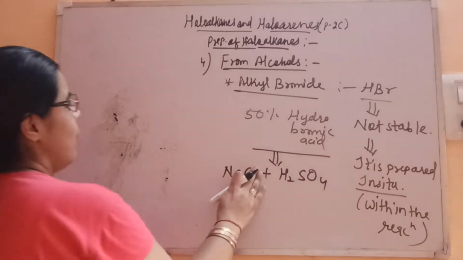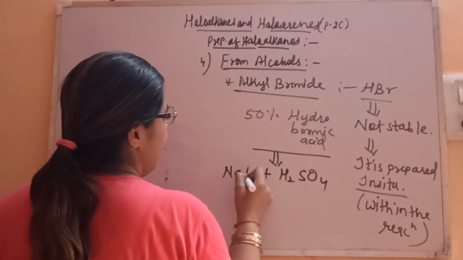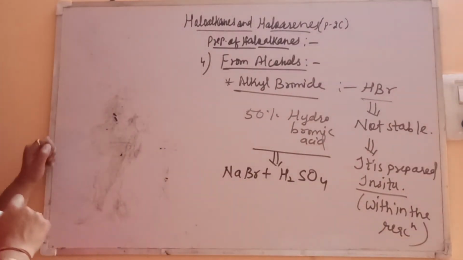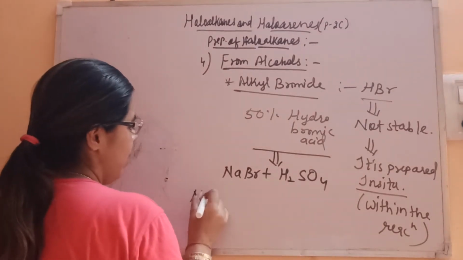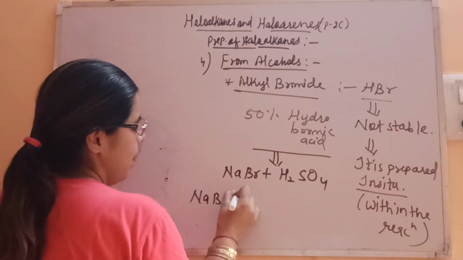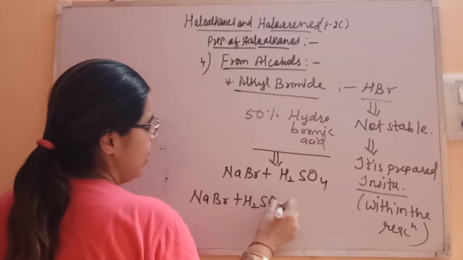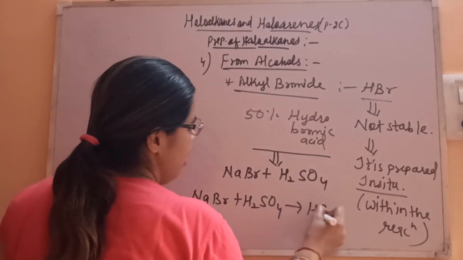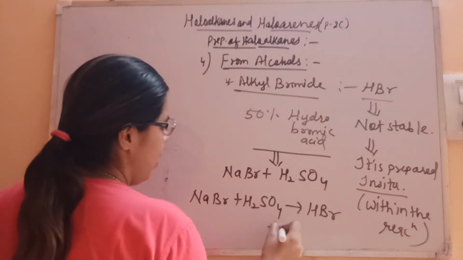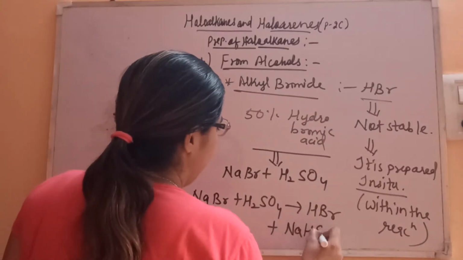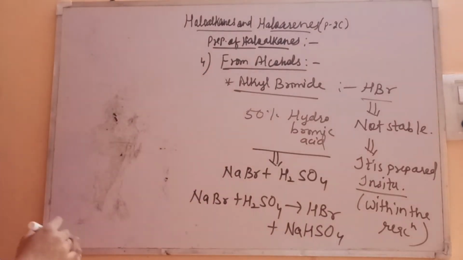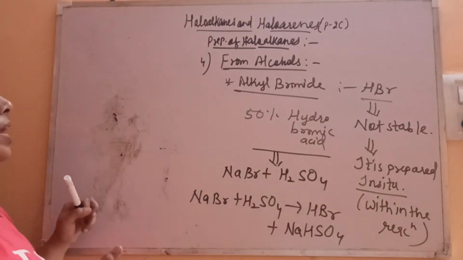Sorry, NaBr, not NaCl, because we need HBr. So how is it prepared? NaBr plus H2SO4 reacted, you will get HBr, as we have prepared in C2, and then sodium hydrogen sulfate gets formed. Now how will we prepare HBr here?